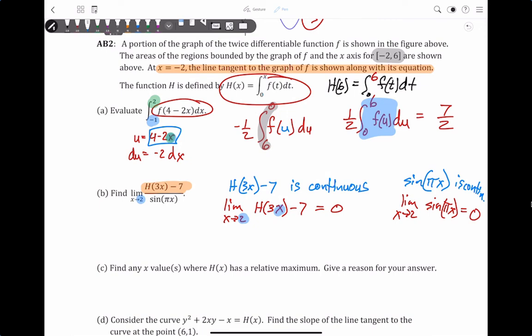So please, please do not say that this is equal to 0 over 0. If you show this equal sign, they're going to say, no, you don't understand L'Hopital's rule. It's not equivalent to 0 over 0. It is simply saying the numerator is continuous and equal to 0.